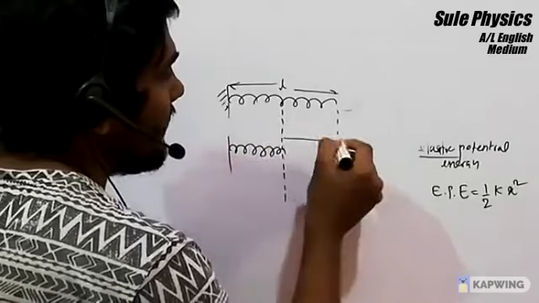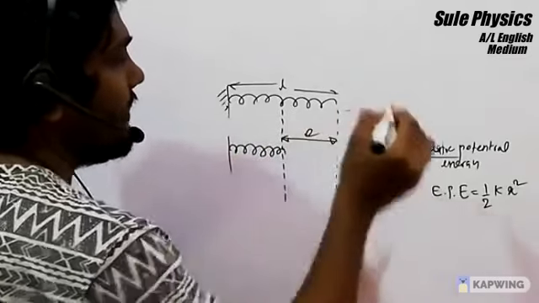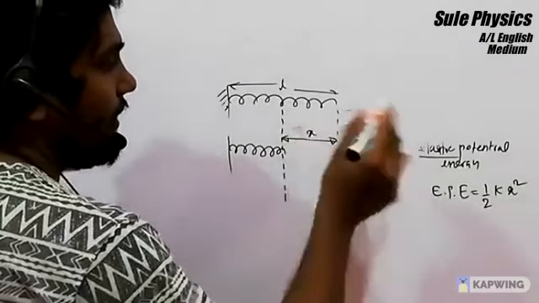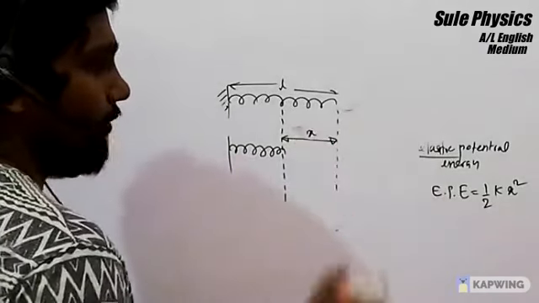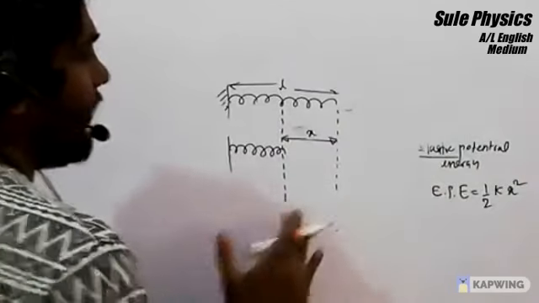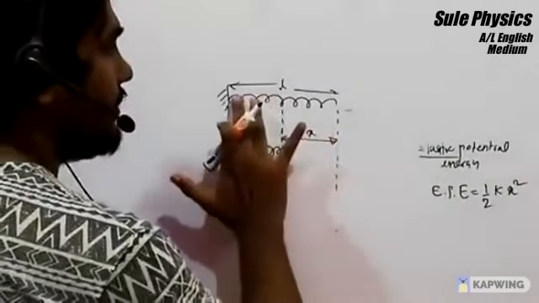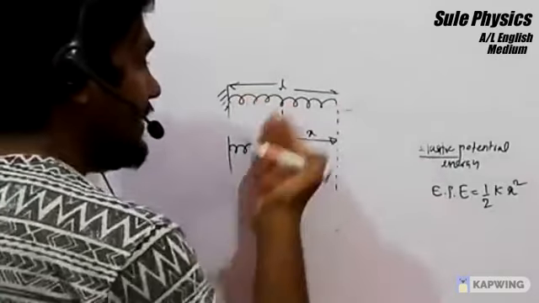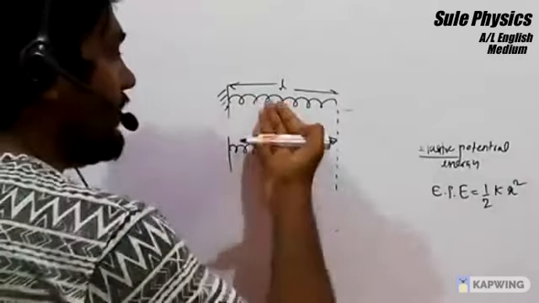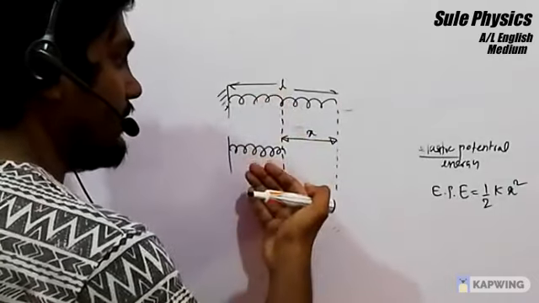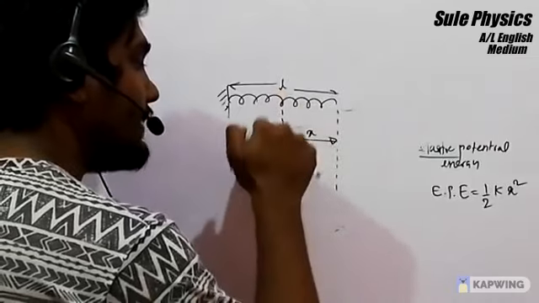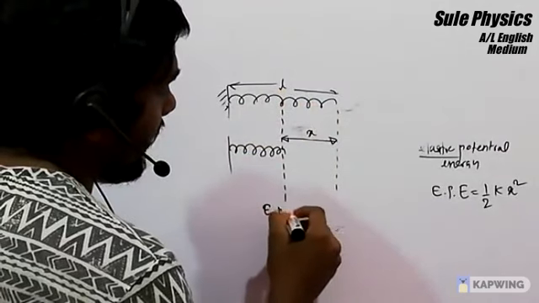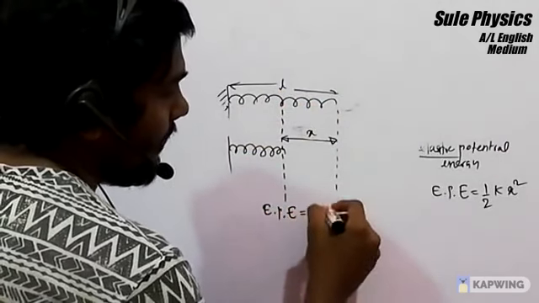Then the change in length, we call it extension, or simply x. Earlier, the spring was like this. Now the spring changed its length. That means the spring changes its shape. Whenever there is a change in shape, a change in length, elastic potential energy is stored inside the spring. So elastic potential energy is equal to half kx squared.